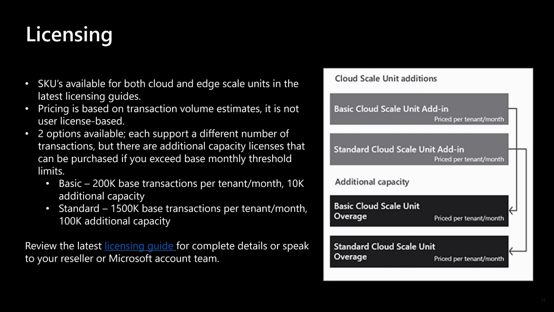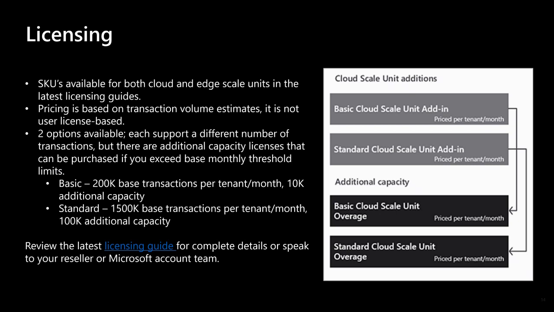The basic covers, you can see here, 200,000 base transactions per tenant per month with an additional 10,000 transactions of capacity that can be added by purchasing these overage licenses.